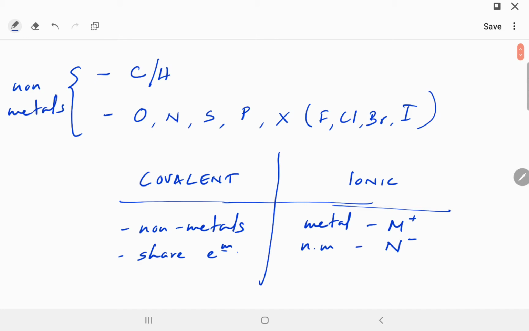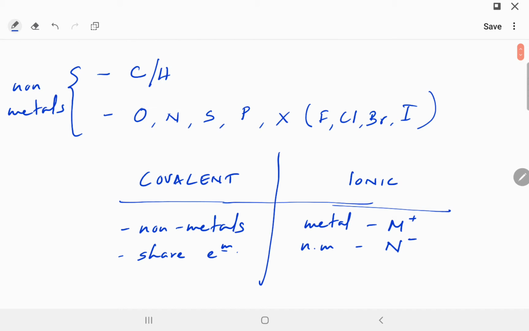But in covalent compounds, you only have non-metal atoms. And they share electrons. Non-metals are very greedy, right? So no one wants to lose electrons, right? So therefore, non-metals share electrons and then form covalent bonds.